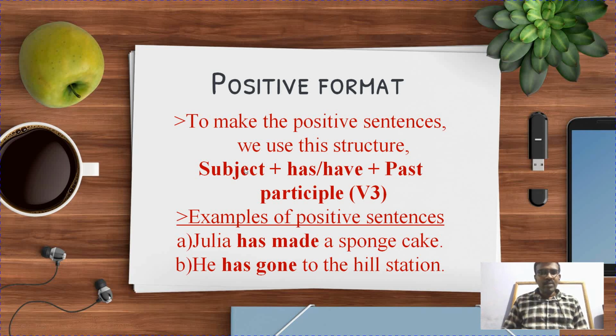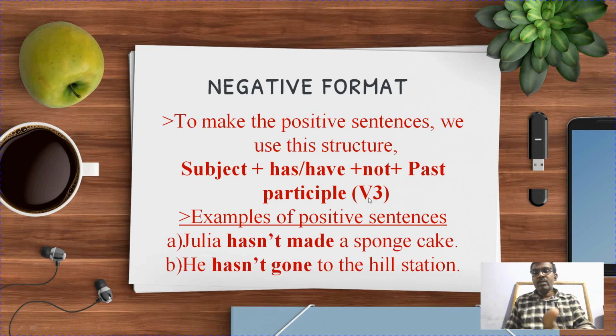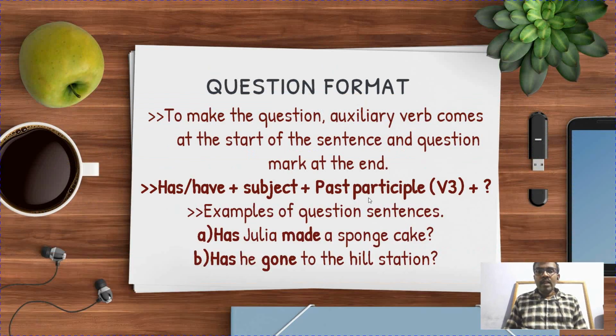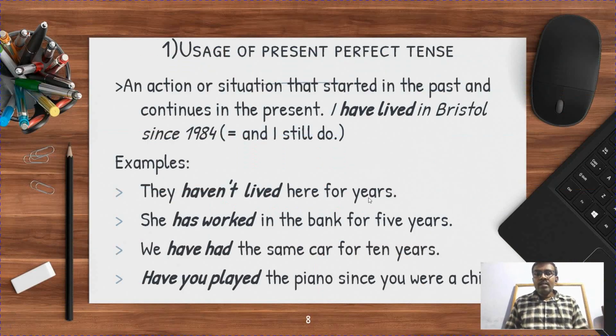If the subject is singular, you should use has. If the subject is plural, you should use have, followed by the past participle. The negative format is used with not. In the question format, the verb comes first, followed by the subject.